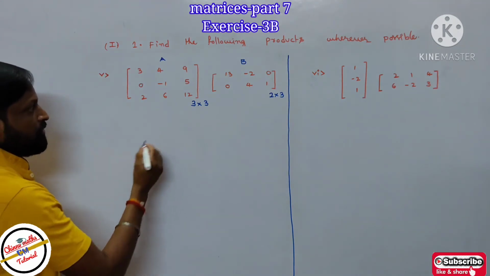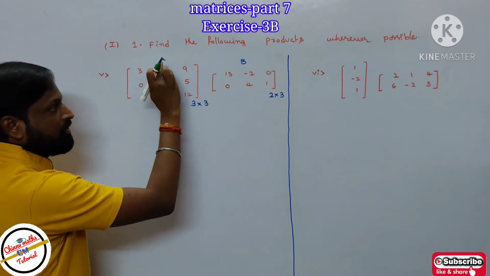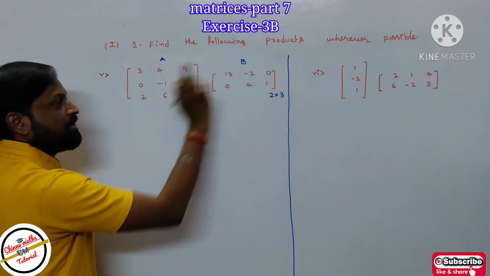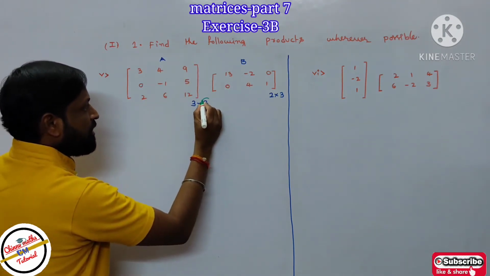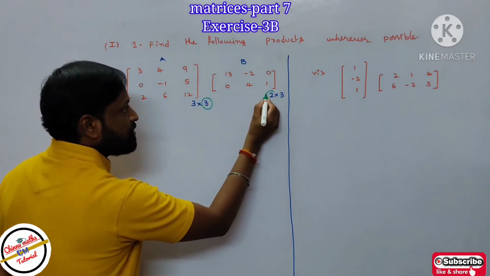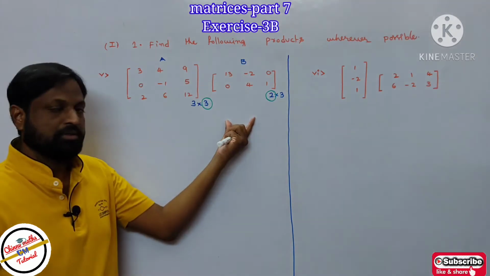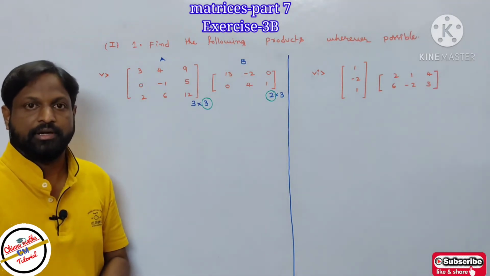So here we can verify the condition of the number of columns in matrix A equal to the number of rows in matrix B. But here the number of columns in matrix A equals 3, the number of rows in matrix B equals 2. So both are not equal. So that is why the product AB is not defined.